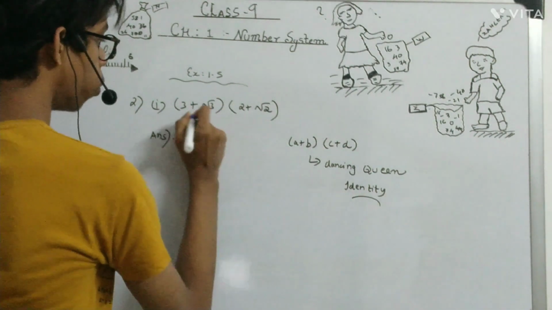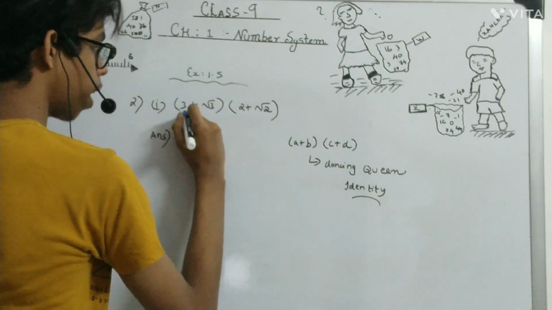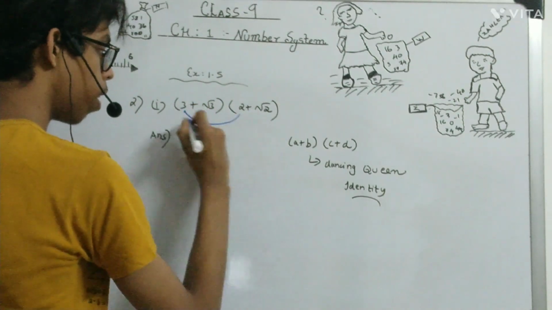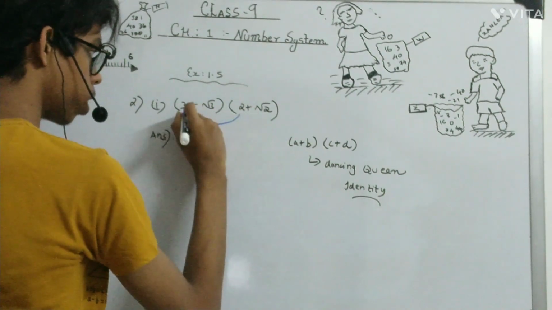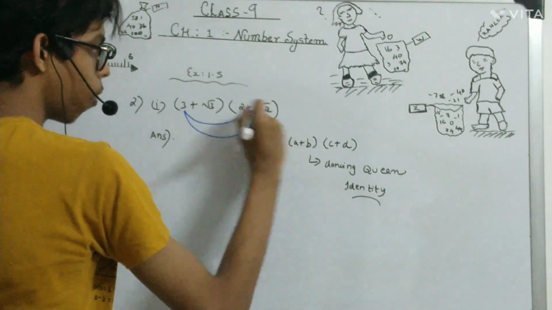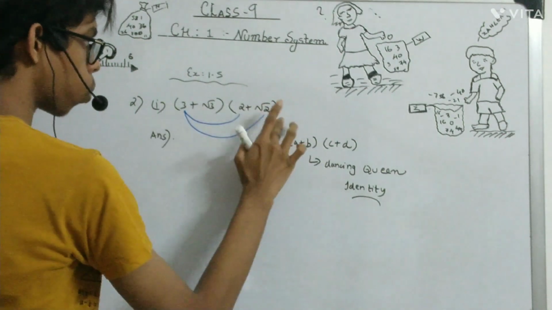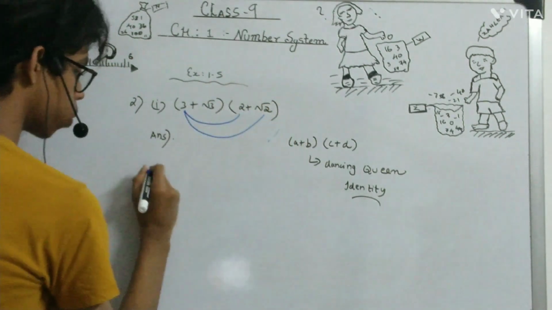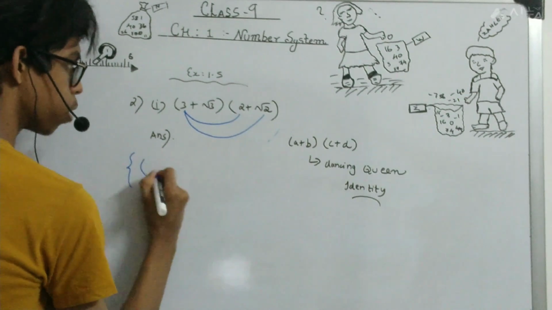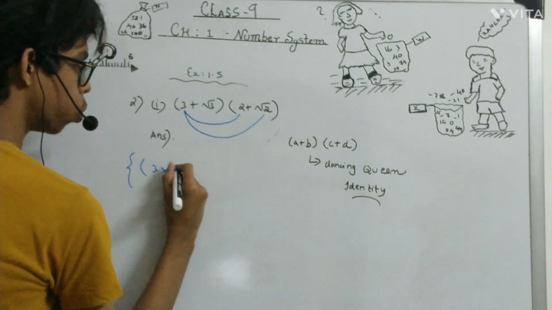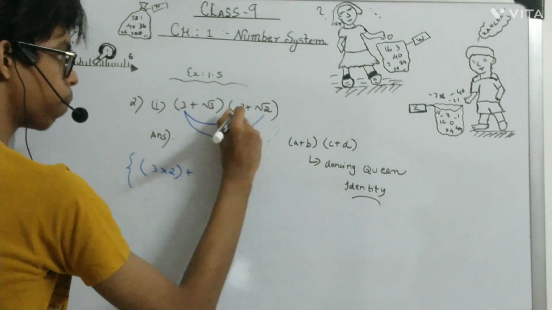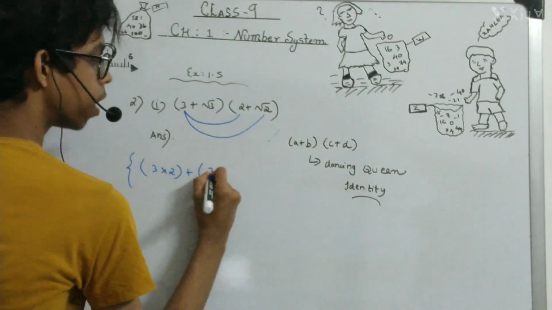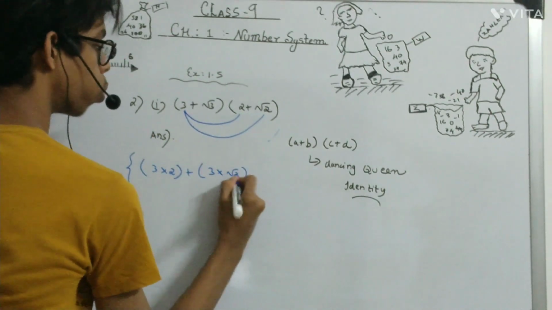First of all, what should we do? We have to fix this 3. After fixing this 3, multiply this 3 with this 2, just like we are dancing, then this 3 with this root 2. So first of all, 3 into 2 plus 3 into root 2.